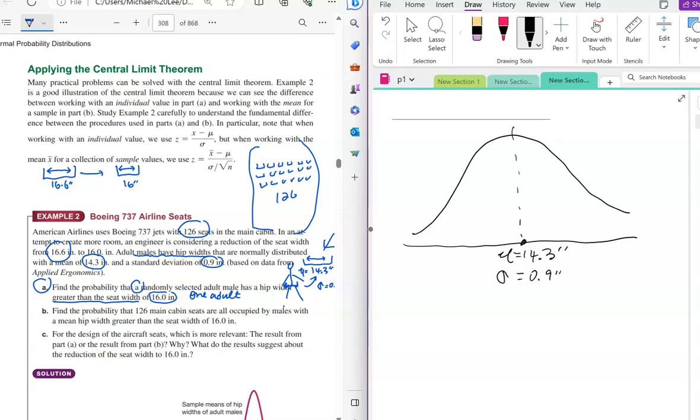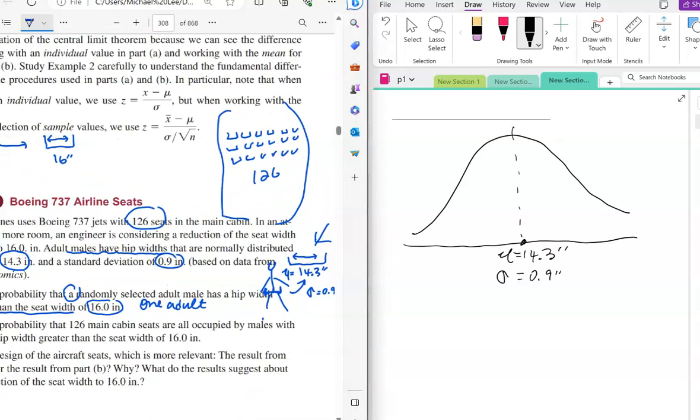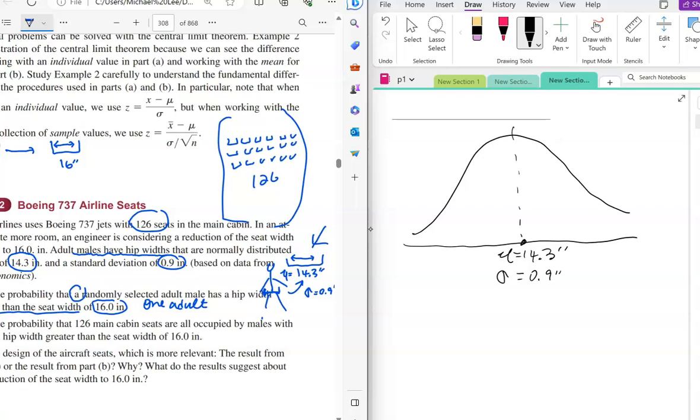When you pick one male at random, what is the probability that the person's hip is greater than 16 inches? This is 16. What is the probability that a person's hip is greater than that? So I'm going to put 999999 as the upper limit, and minus 999999 as the minimum.